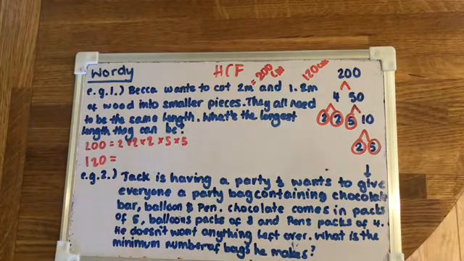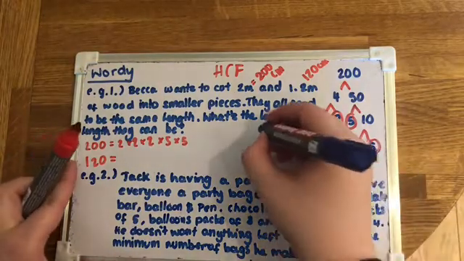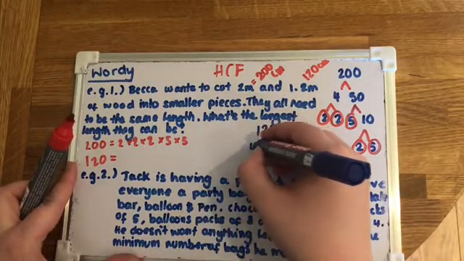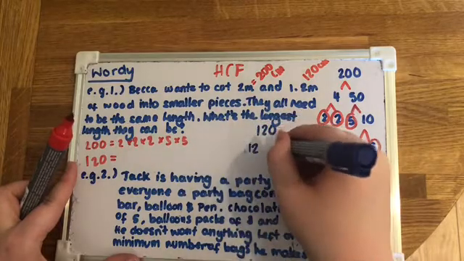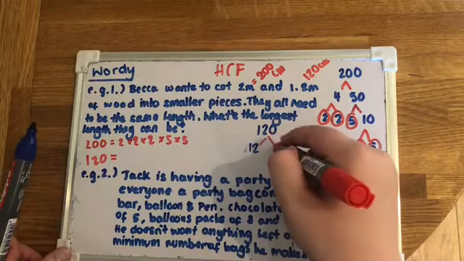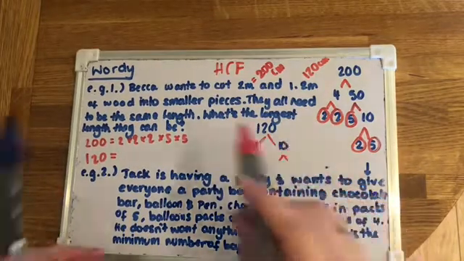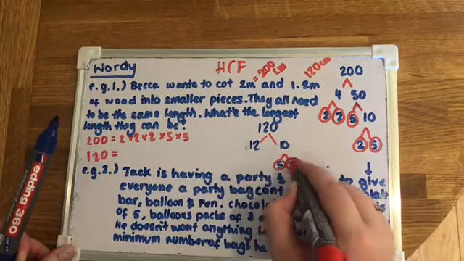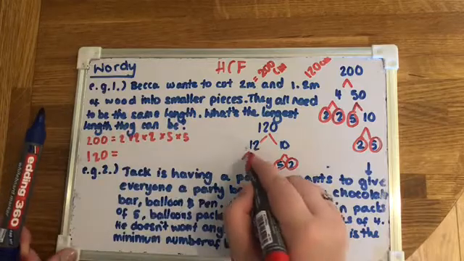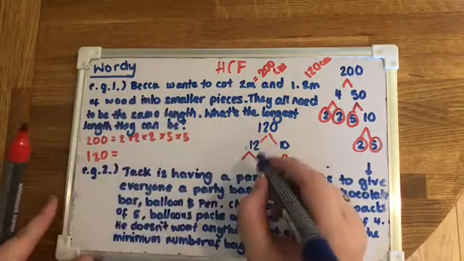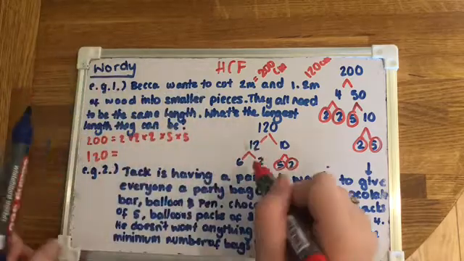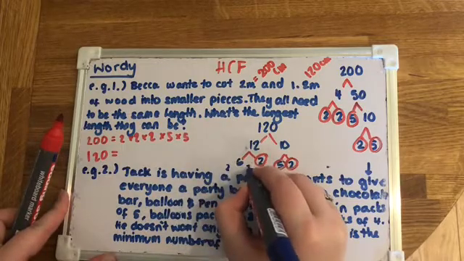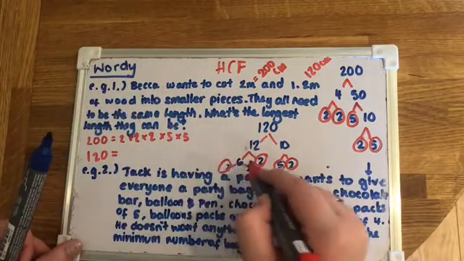Okay. Then I'm going to do the same for 120. So it could be, actually I might do 12 and 10. 12 times 10. Neither of those are prime, but 10 is 5 and 2, and they're both prime. 12 could be 2 and 6. 2 is prime, and 6 is 2 and 3, and they're both prime.